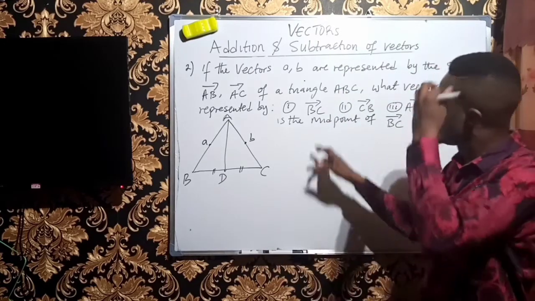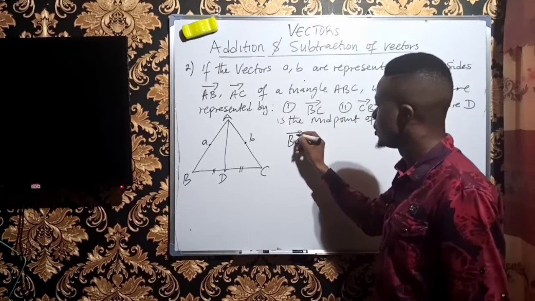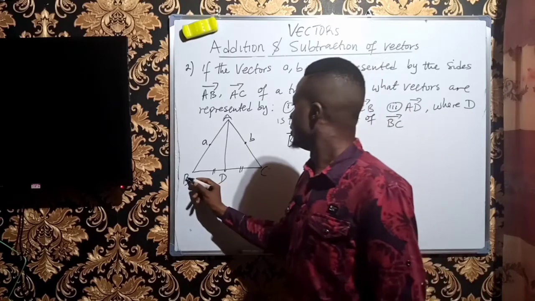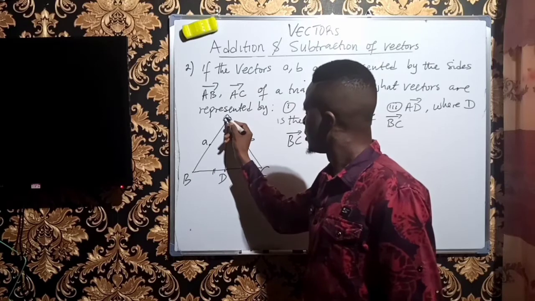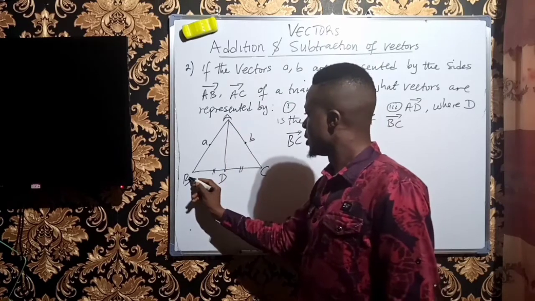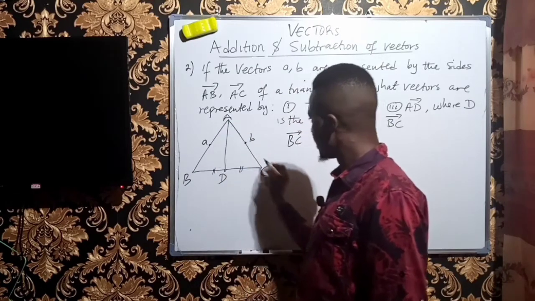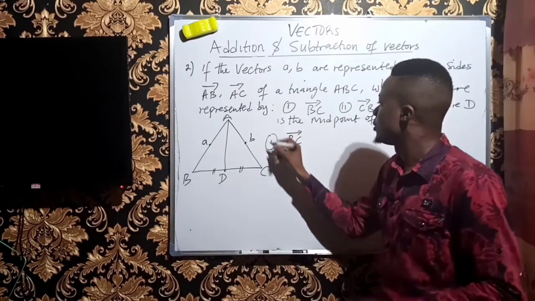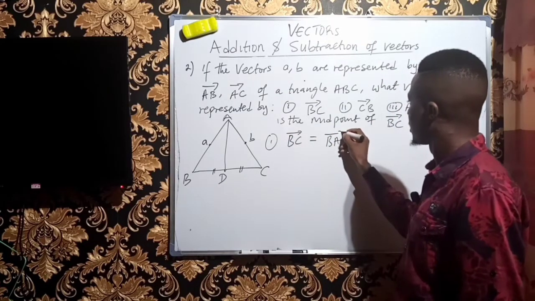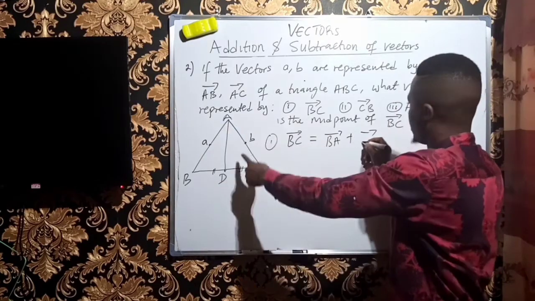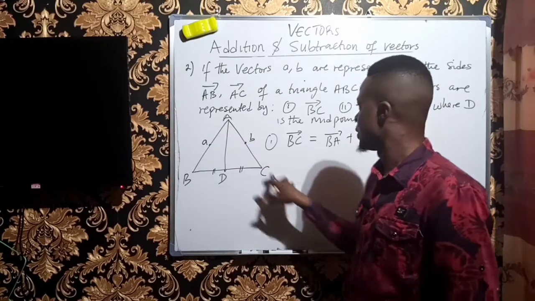So they now want us to get vector BC. So let us see. BC, remember the way we do it. BC is the same thing as BA plus AC. You go in reverse direction. So BC is BA plus AC.